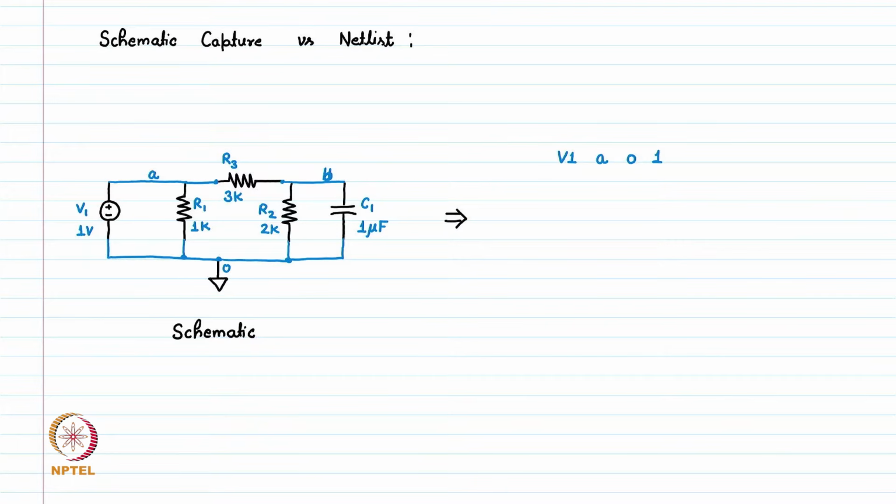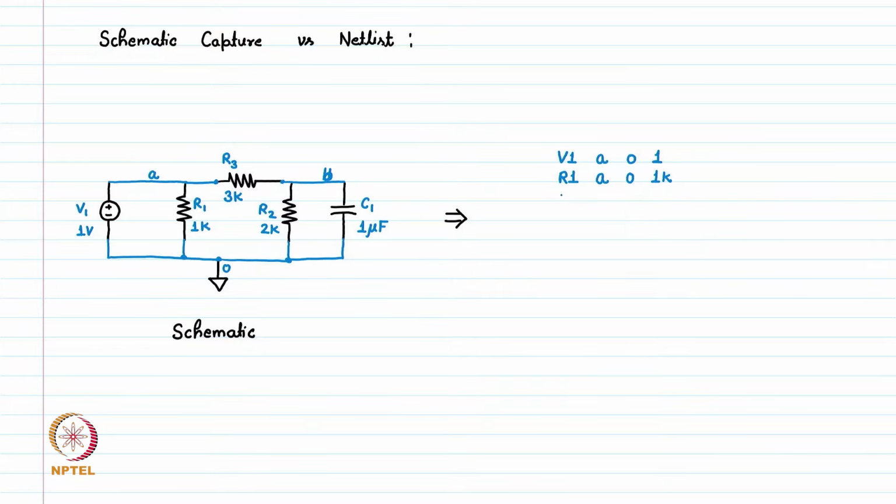The next element is R1. This R1 is connected between again node A and node 0, and the value of this R1 is, we have kept 1 kilo ohm. So, we write 1 and K. It means the R1 resistance is connected between A and 0, value is 1 kilo ohm.